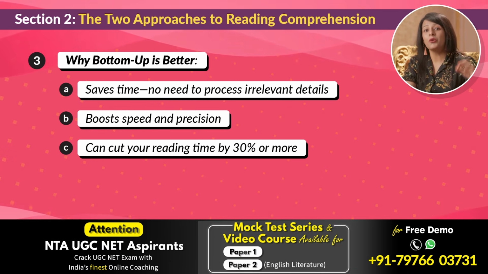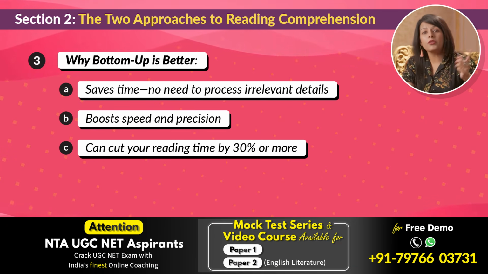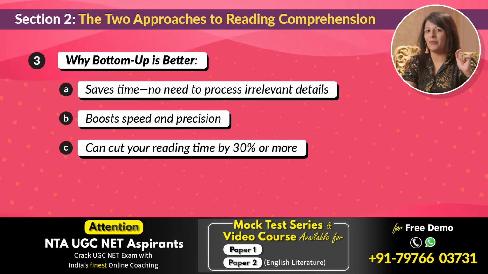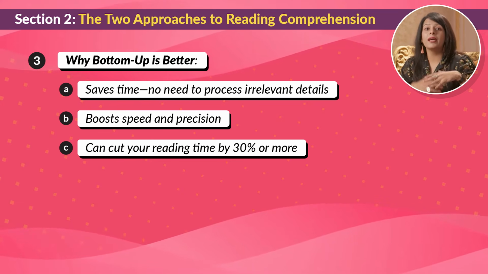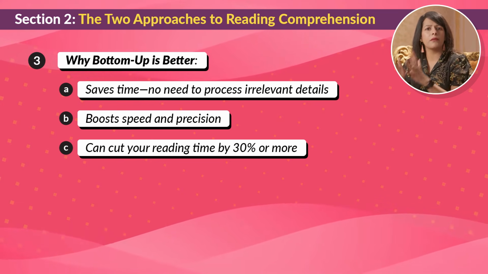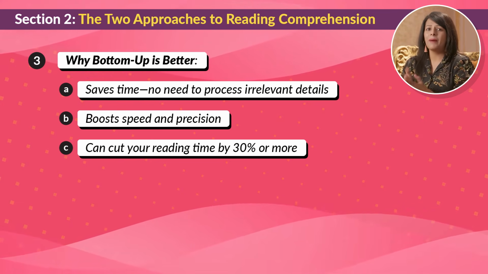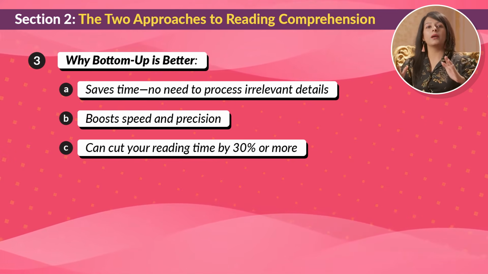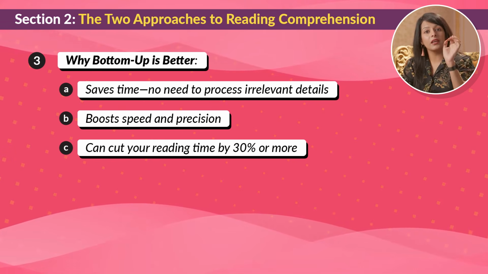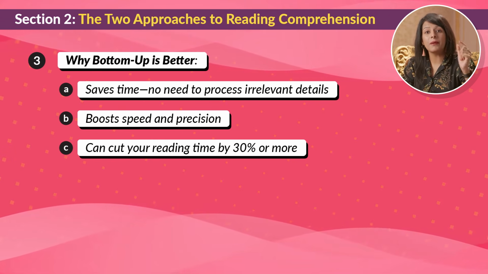This is why you should use the second, the bottom-up approach. Your speed increases when you only look for specific information. It also helps you avoid wasting time on irrelevant parts of the passage. Many students stick to reading the whole passage first. However, switching to the focused bottom-up method can save you at least 30% of your time during the exam.